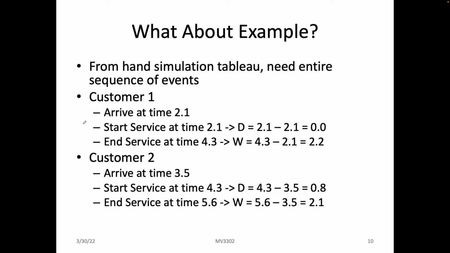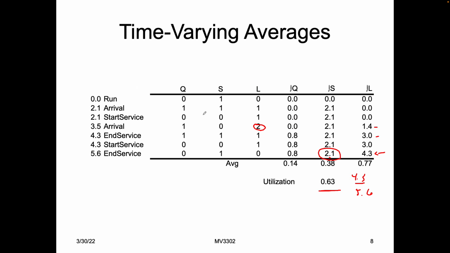So we had 2 customers, and we need to go back and say, well, the first customer arrived at time 2.1 and left at time 4.3. And they started service at time 2.1. The second customer arrived at 3.5. They started service at 4.3, and then they left at 5.6.